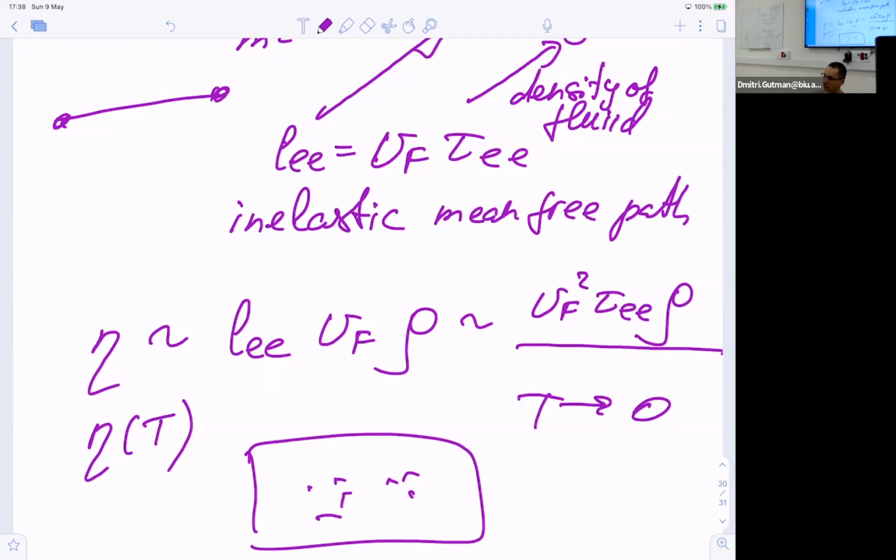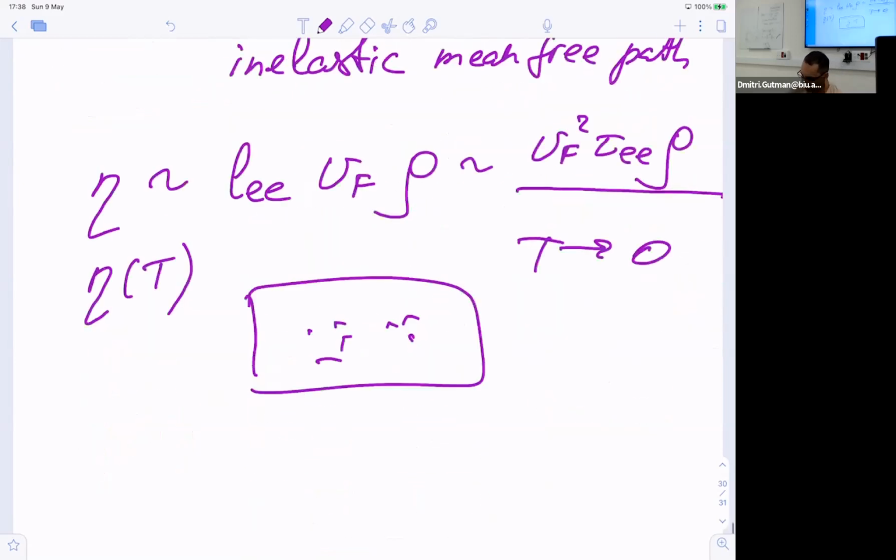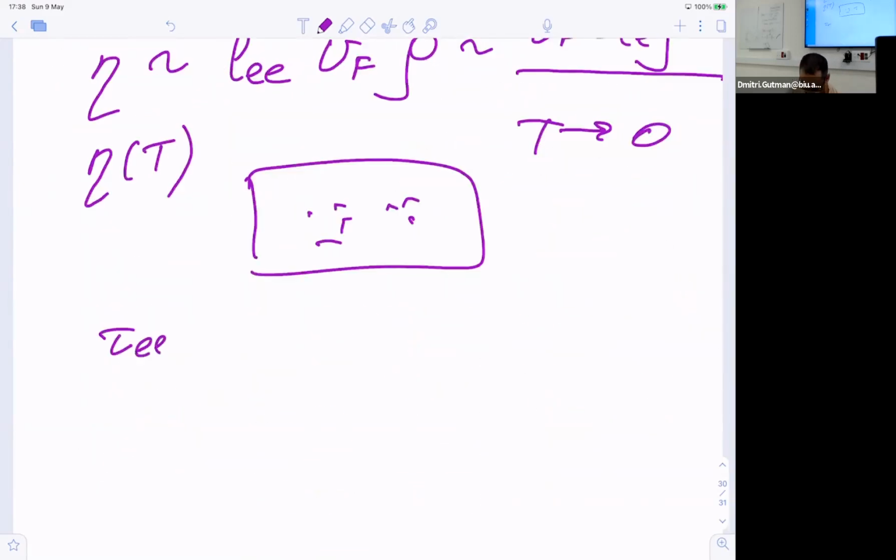So I think something will happen to this inelastic scattering length. What can we say about inelastic scattering lengths for electrons as a function of temperature? When temperature goes to 0, I think this should go to 0 also, tau E. No?